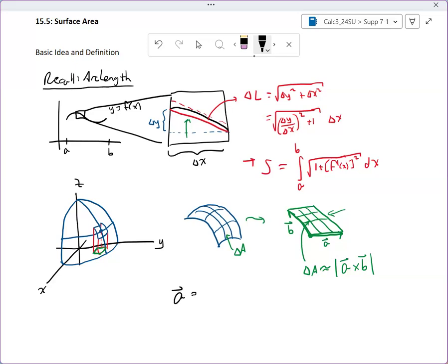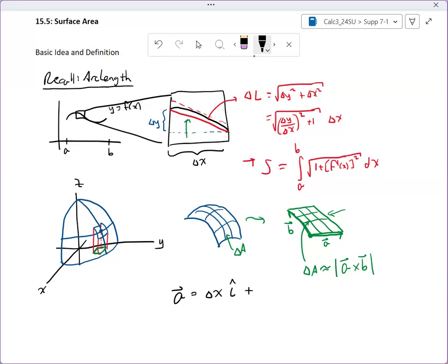So A then, if I move a little bit along the X-axis, a distance delta X, then its first component, its i hat component, is going to be delta X. It's not going to move at all in the Y direction.